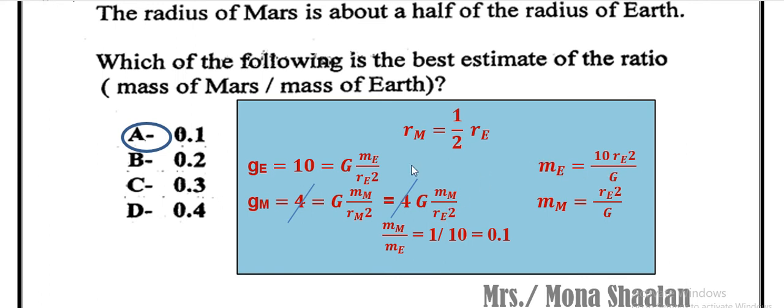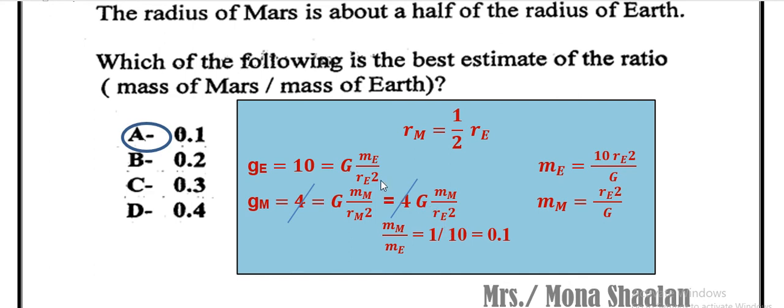Mass of Earth equals 10 times RE squared over G. By substituting for RM from these relations, it will equal 1 over 4, 1 over 2 squared, that is 1 over 4.